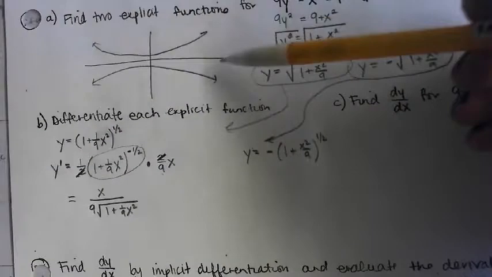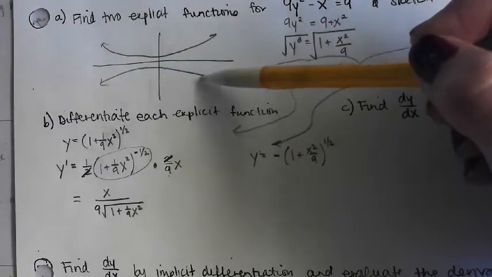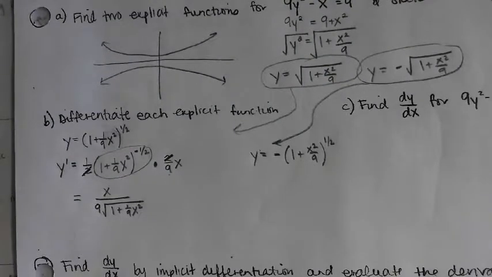Looking at the picture, do you think the derivative of one of these is just the negated version of the derivative of the other? Probably. It definitely looks that way. I don't know. The more I think about it, yes, it will just be negative, but I understand just the double checking to be sure.